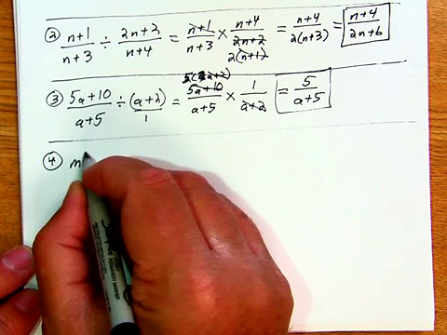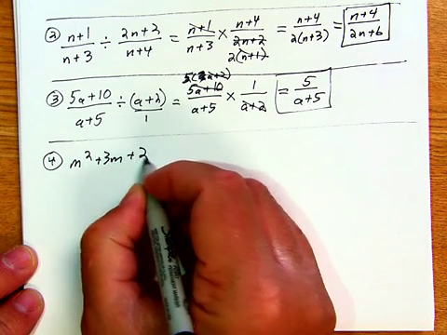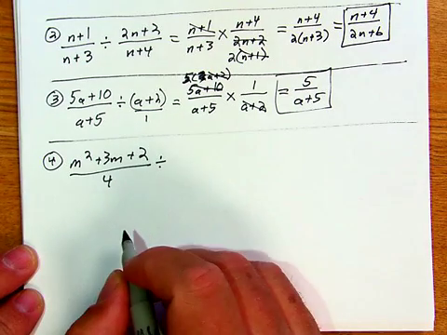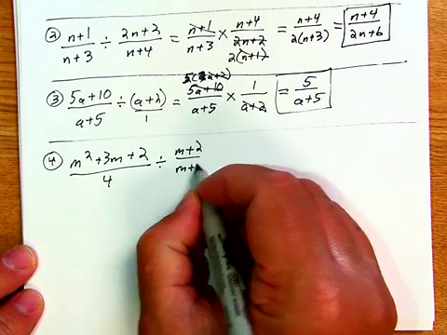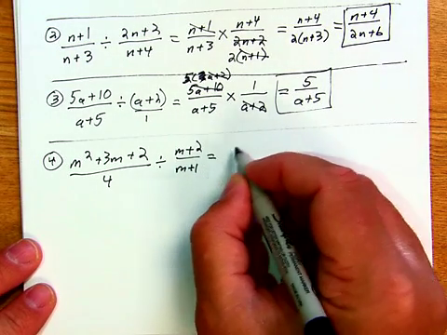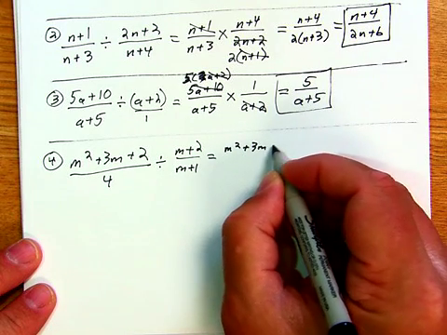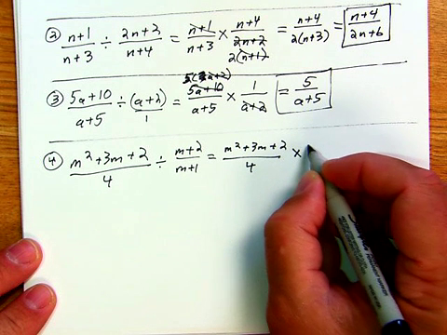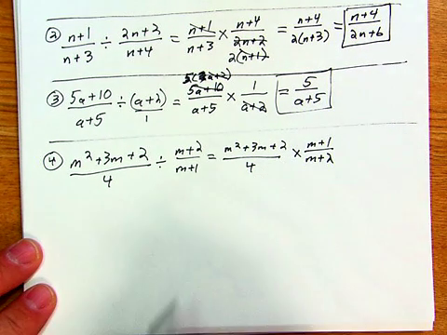Let's try number 4. M squared plus 3m plus 2 all over 4, that whole thing divided by m plus 2 all over m plus 1. Alright, so let's rewrite it. M squared plus 3m plus 2 all over 4 times m plus 1, with the reciprocal, over m plus 2.